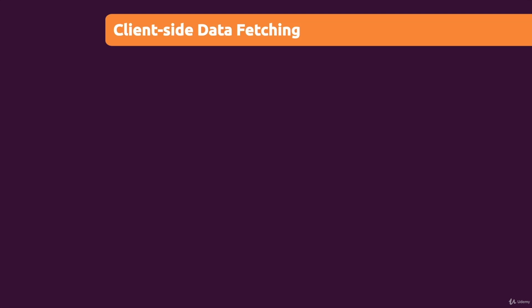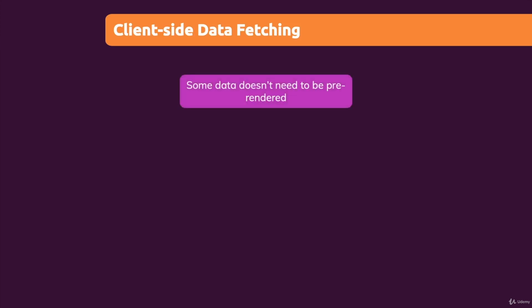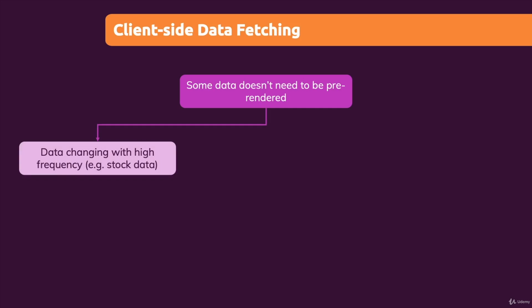When building Next.js applications, you will sometimes have data which just doesn't need to be pre-rendered or which can't be pre-rendered. Examples would be data that changes with high frequency.